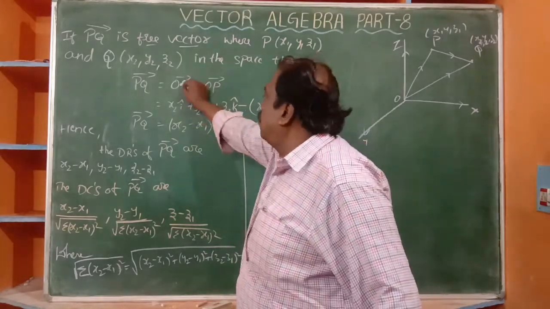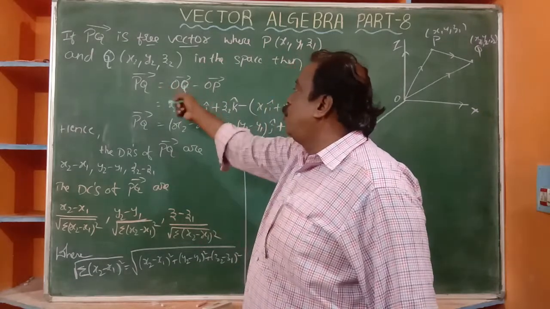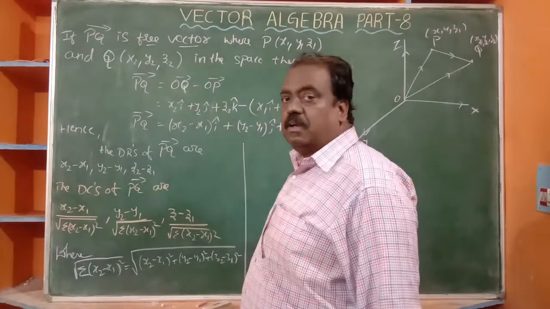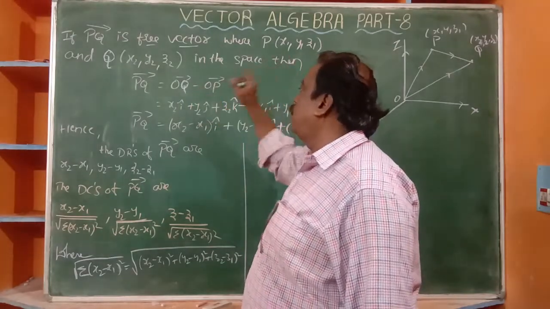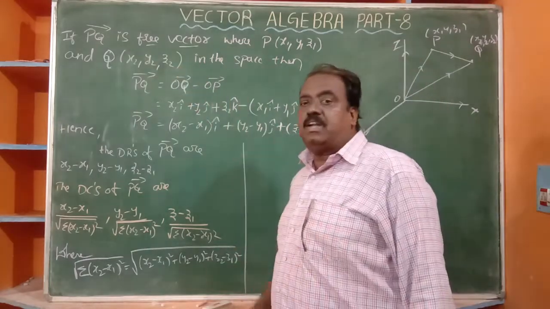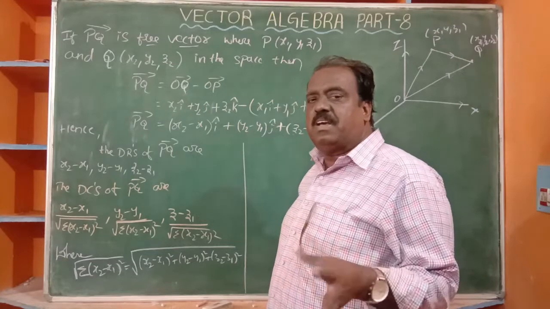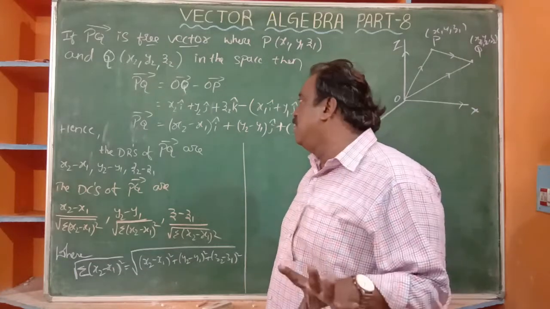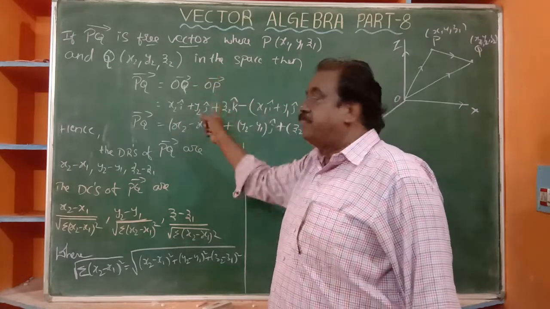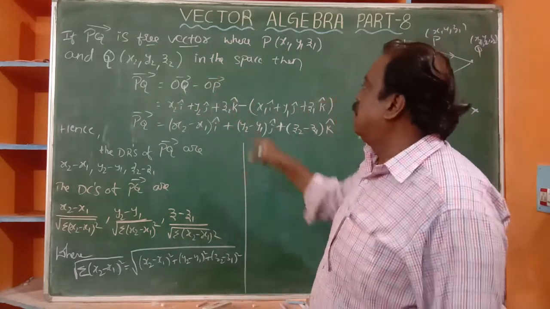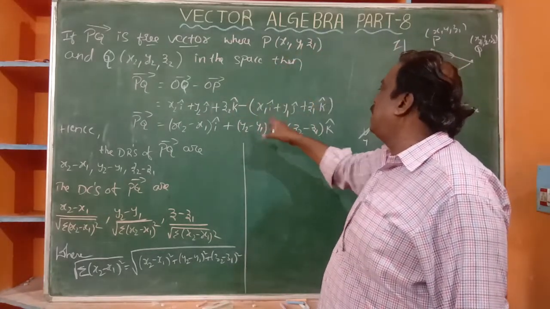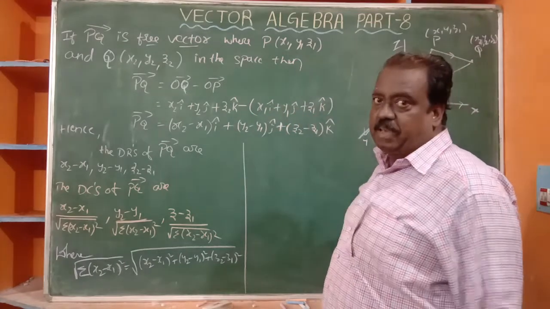PQ bar means OQ bar, terminal point position vector, minus OP bar, initial point position vector. What is OQ bar? We know the coordinates. Coordinates are nothing but the components, and components are nothing but the DRs. So x2 i plus y2 j plus z2 k minus OP bar. OP bar is the position vector of the point P, x1, y1, z1, so it is x1 i cap plus y1 j cap plus z1 k cap.